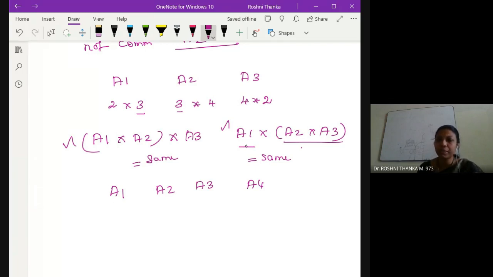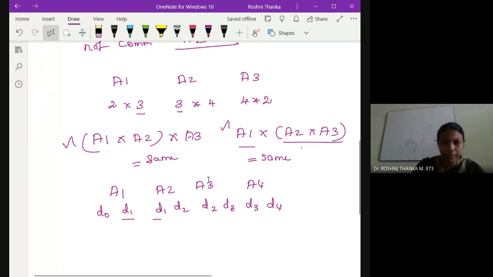And you know always the dimensions of these matrices, so D0, D1, here D1 and D2, D2, D3, and here it is D3 and D4. So like this it should be, right? This one and this one should be same. And when I consider these two matrices, this value and this value should be same. And when you consider these two matrices, this value and this value should be same. That is why I have written like this.